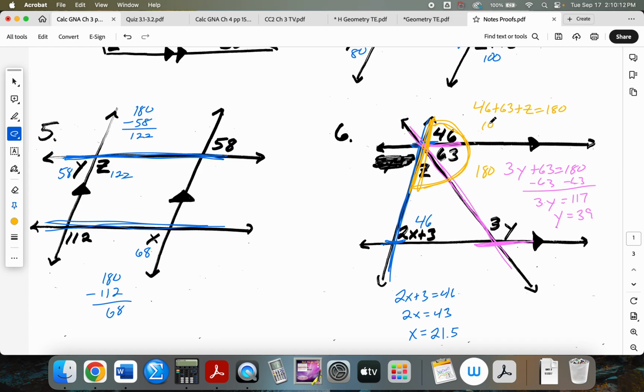Let's see, that's 109 plus z is 180. Subtracting, we get that z is 71. All right, questions about any of those?